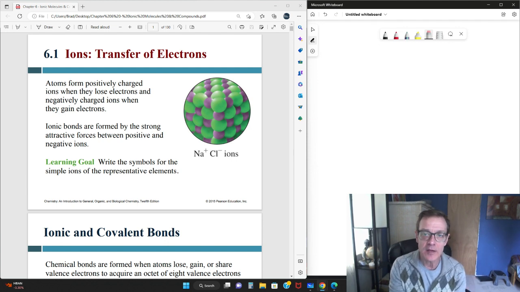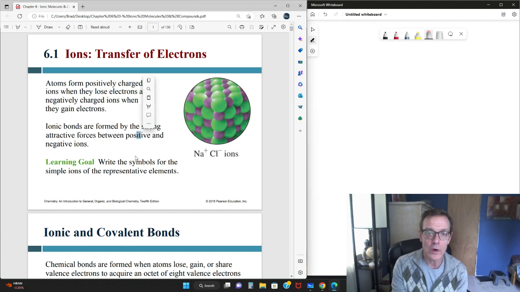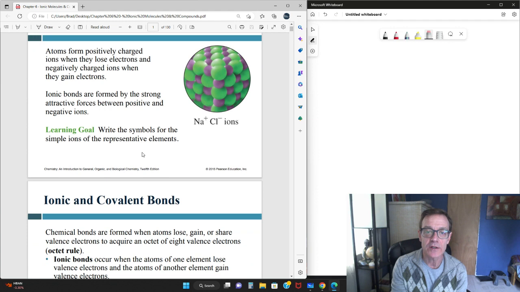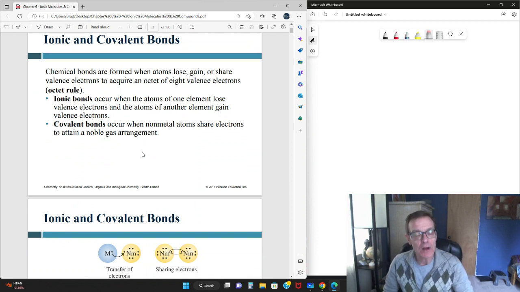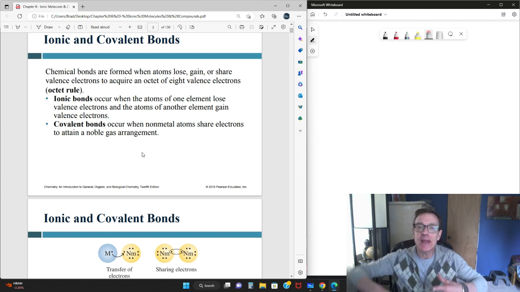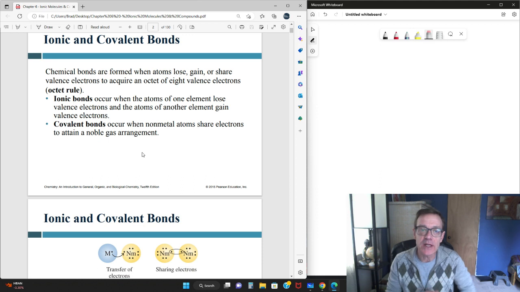An ion by definition is something that has a positive or negative charge. Atoms lose, gain, or share their valence electrons to acquire that octet that we've been mentioning, so that they are happy having an octet in their outside shell.